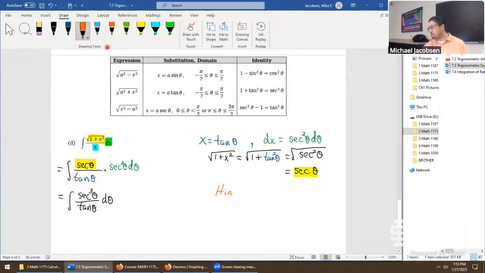Hint, I've got an identity here that says secant cubed theta divided by tangent theta. My claim is that that is somehow, some way, a secant theta tangent theta plus cosecant theta.